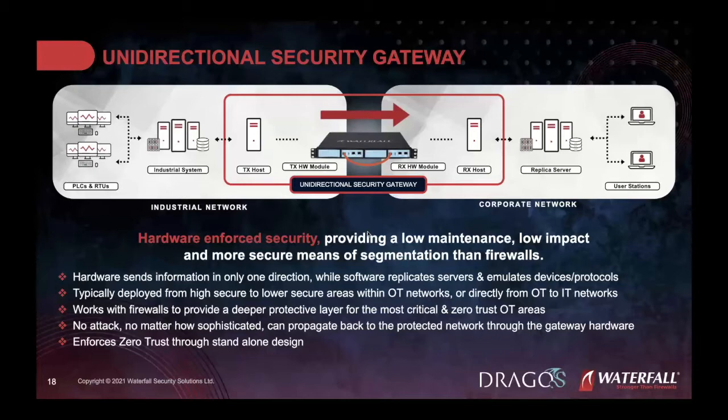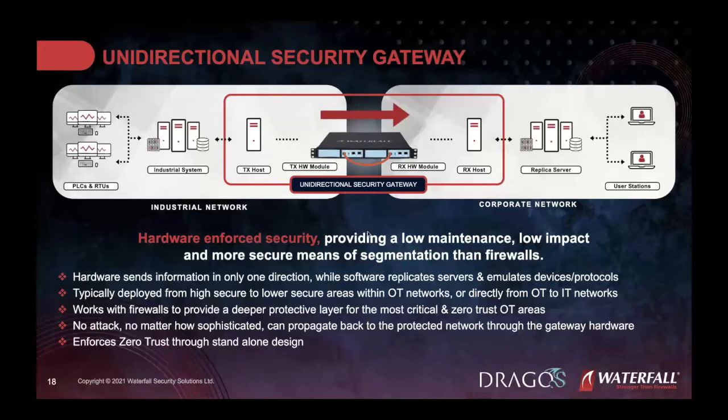That something needs to be added, something else needs to be addressed in terms of workflows or additional layers of security to really be able to ensure that that area is zero trust and that it can't be penetrated. What I'm going to review here with the Waterfall Unidirectional Security Gateway, this product enforces zero trust. Unlike other technologies, it does enforce it by default.